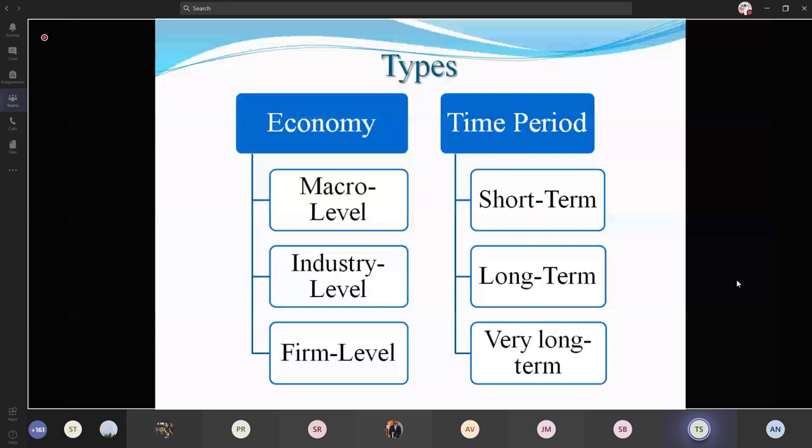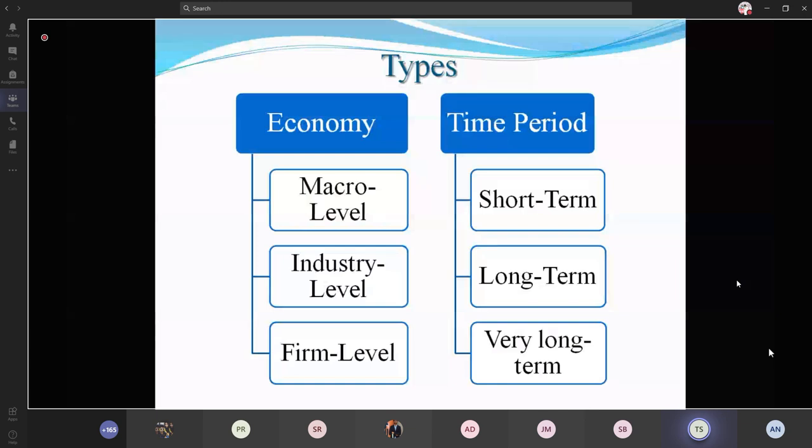It is also based on the time period, the time for which the forecast is taken: short term, long term, very long term. Short term may also depend on the characteristics of the product, but generally the short-term forecast is taken for a period of 1 year.